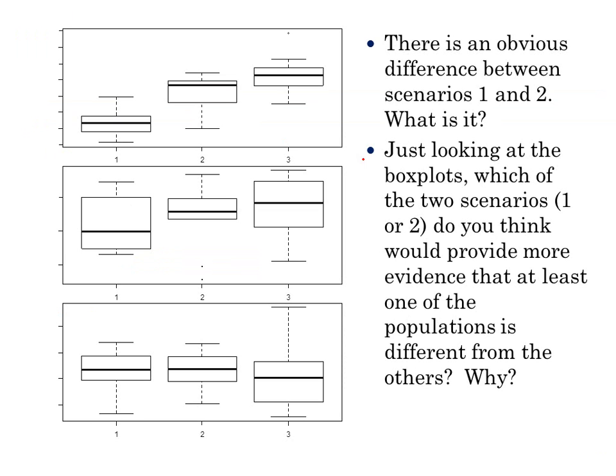Let's look at scenario 1 here at the top. The two sources of variation, the treatment variation, is represented by how different those lines are in terms of the y-axis. How much do they vary? And that's what we call treatment variation. So if I see drastic differences in the location of these box plots, I have a treatment effect, right?